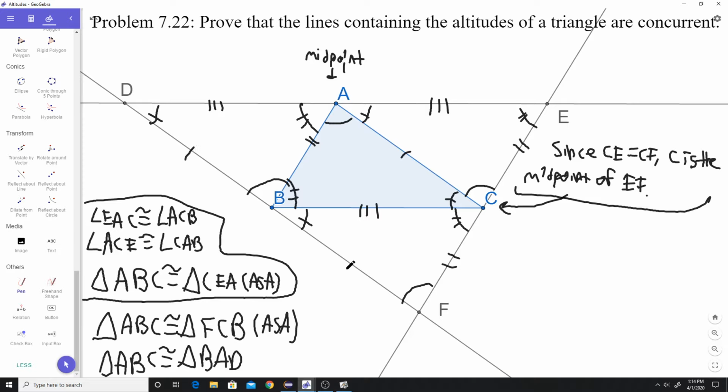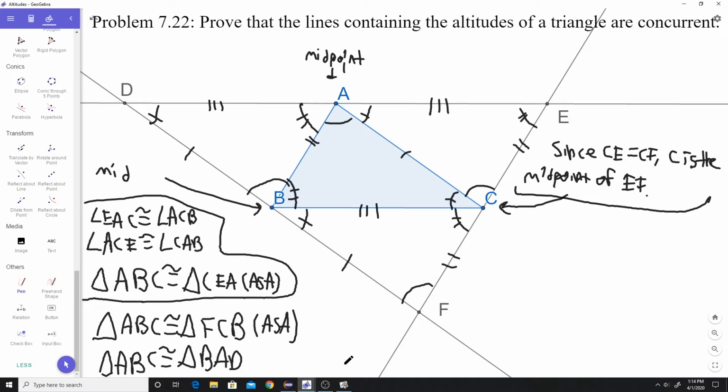That means this has 1 and this is 1, so B is the midpoint as well. So we have shown that B, A, and C are the midpoints of their respective sides. A is the midpoint of DE, B is the midpoint of DF, and C is the midpoint of EF.